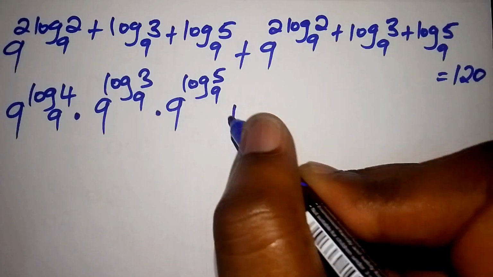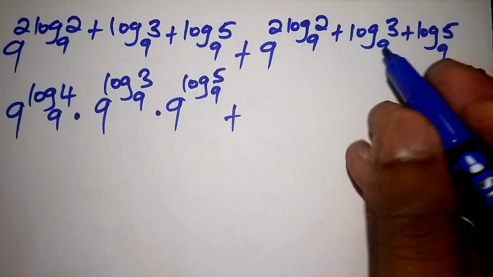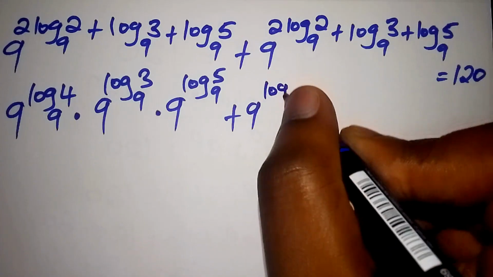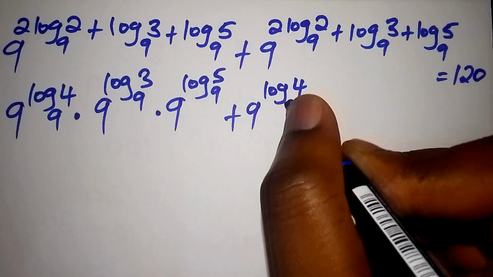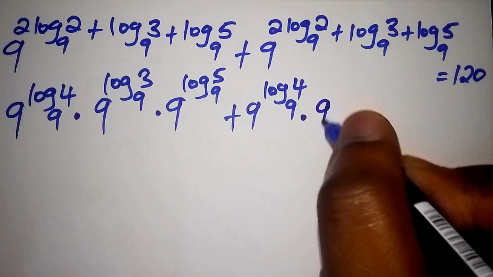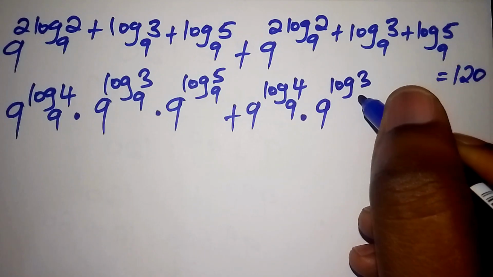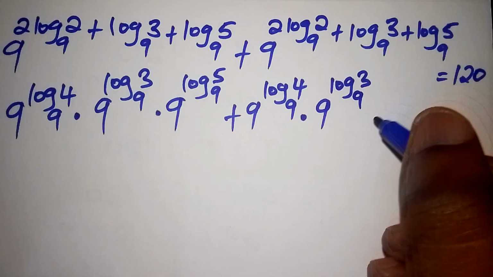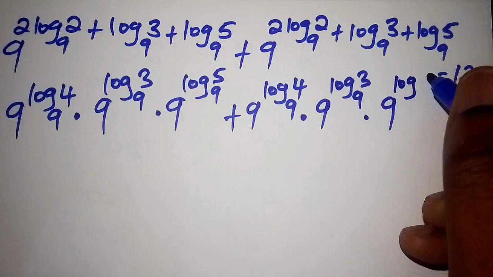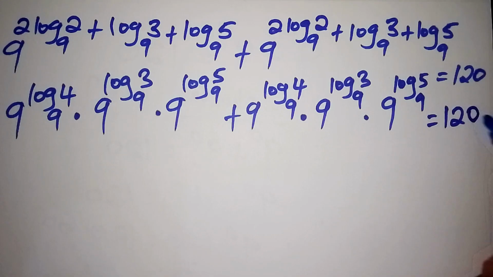Then plus 9 to the power of log 4 base 9, multiplied by 9 to the power of log 3 base 9, multiplied by 9 to the power of log 5 base 9, should give us 120.